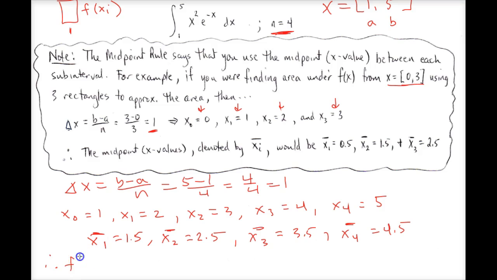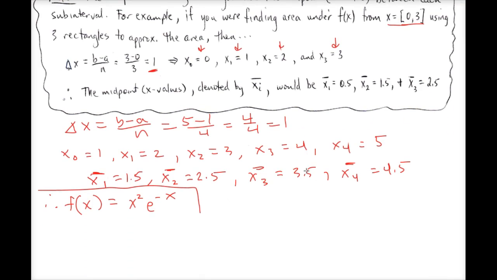I'm going to rewrite the function that we're trying to find the area under the curve of, just as a frame of reference. Now that we have that, let's get a little separation here and scroll on down.